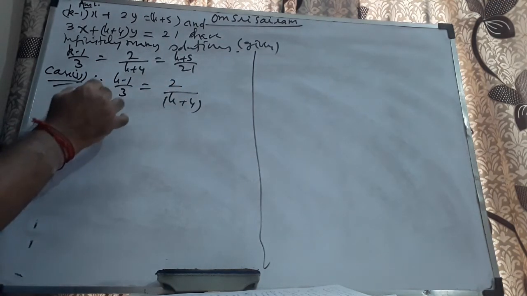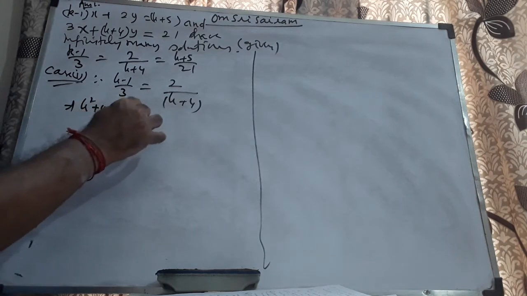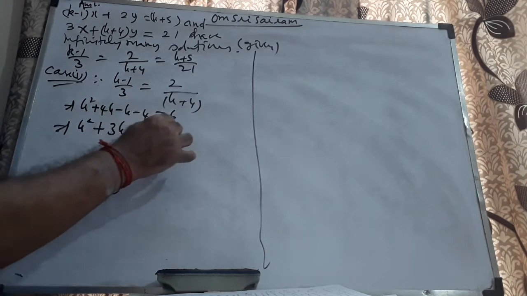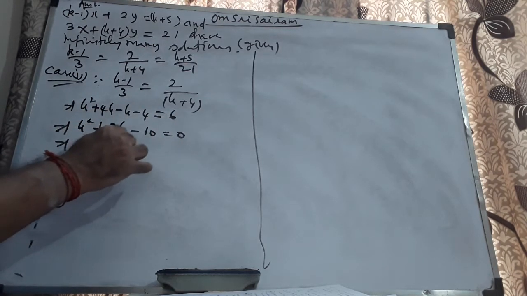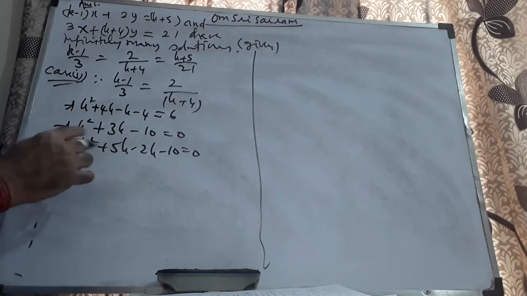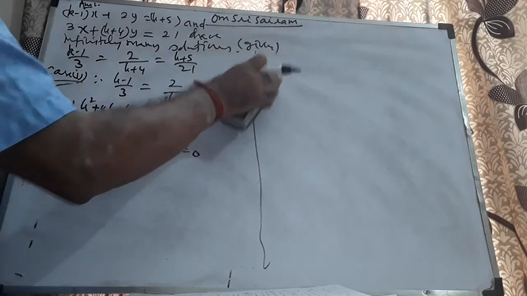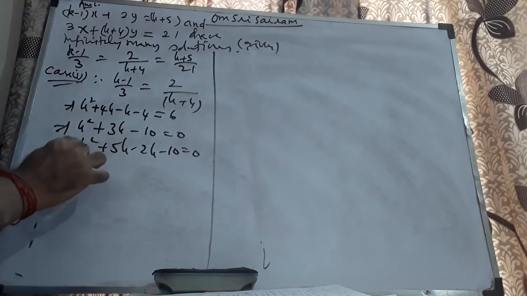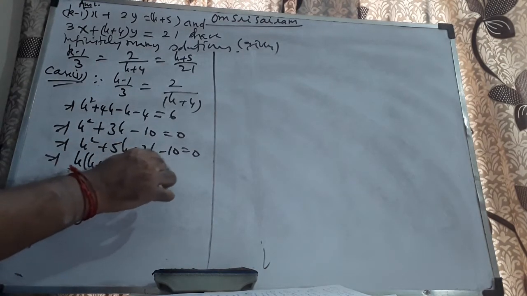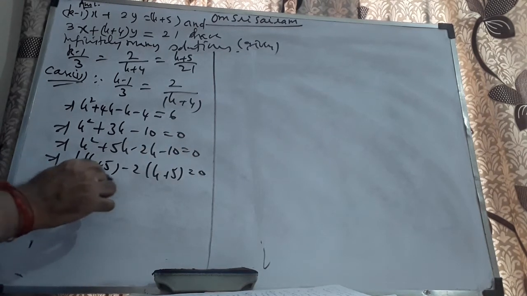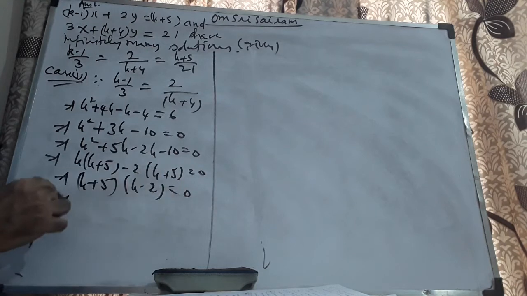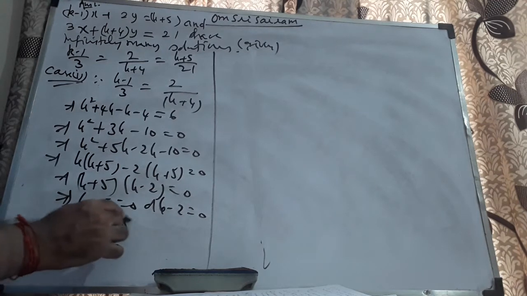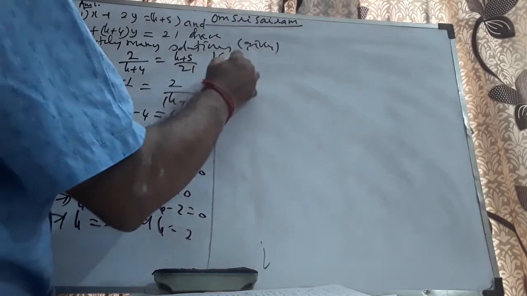Cross multiplication gives k square plus 4k minus k minus 4 is equal to 6, which implies k square plus 3k minus 10 is equal to 0, implies k square plus 5k minus 2k minus 10 is equal to 0, implies k into (k plus 5) minus 2 into (k plus 5) is equal to 0, implies (k plus 5) into (k minus 2) is equal to 0, implies k plus 5 is equal to 0 or k minus 2 is equal to 0, implies k is equal to minus 5 or k is equal to 2.